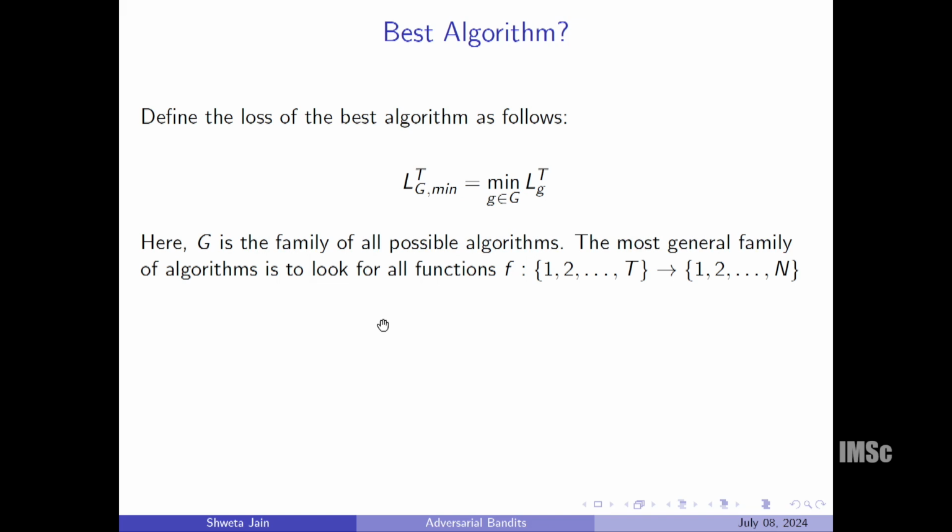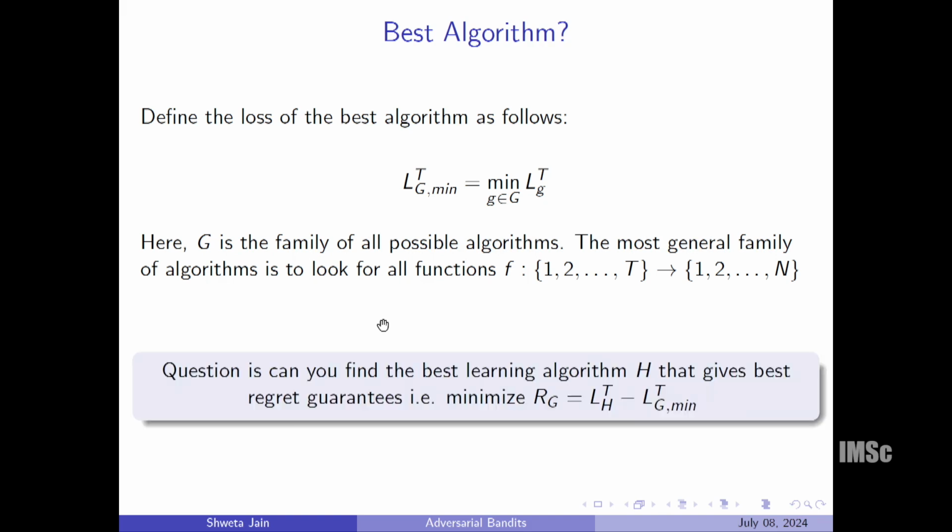So what does it mean? When I say f from 1, 2, up to capital T, this means that at any time 1, I can basically choose one of these.